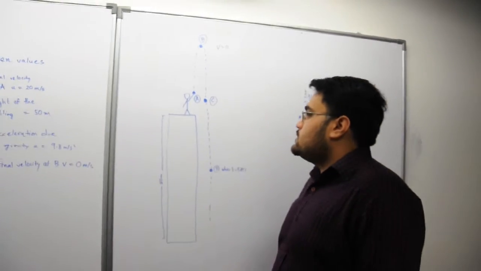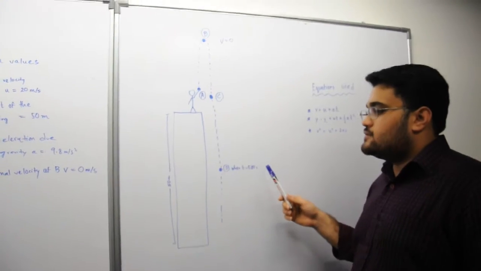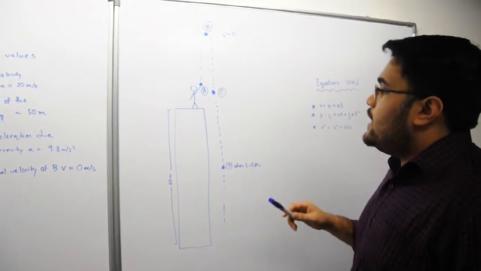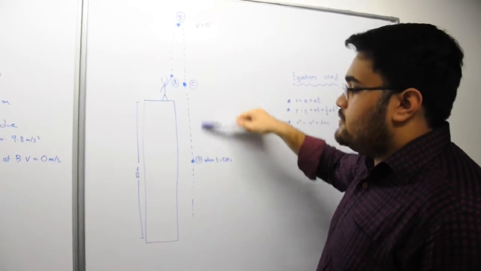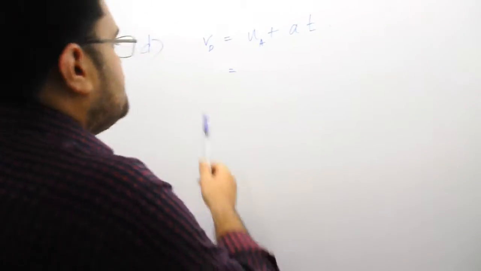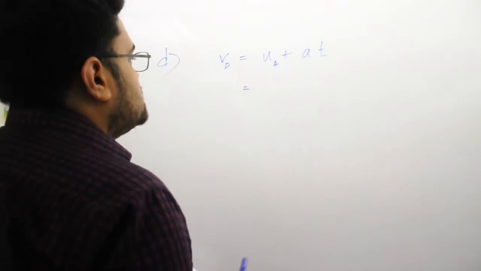So the last question, question number D, is to find the final velocity after 5 seconds and the distance it covers after 5 seconds. So as we come here, we'll be using the formula V equals U plus AT, same as we have shown in the equations that we will be using.